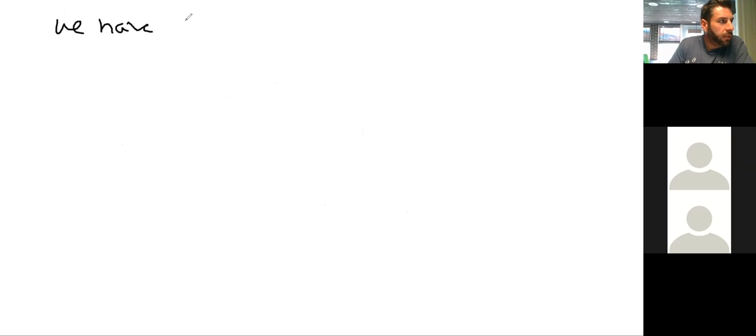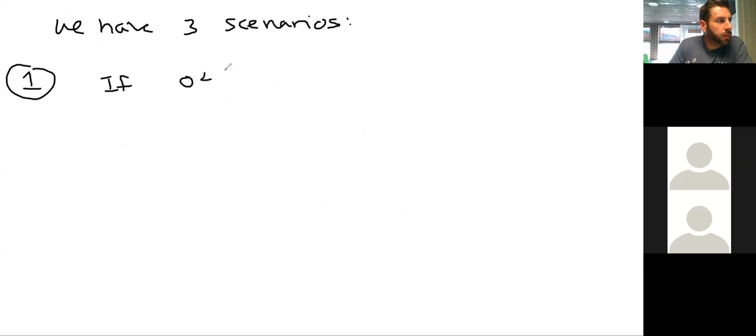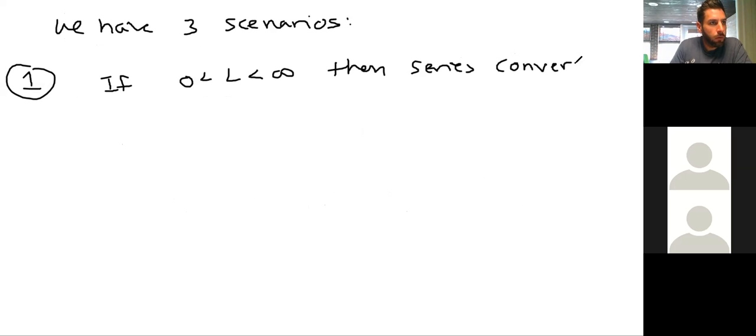We have three scenarios. Number one, if this limit exists, if it's a number, then the series both converge or both diverge.